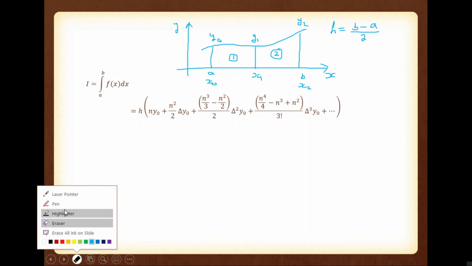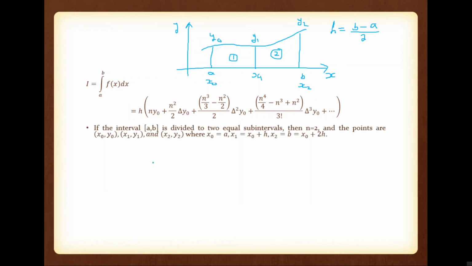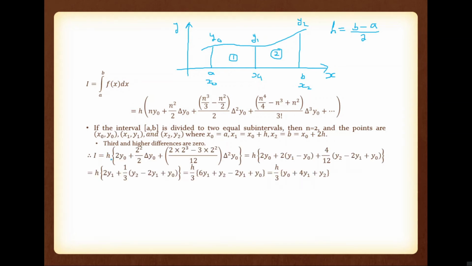So we can write I is equal to... Please note third and higher differences are 0, that is not available, so we cannot use it. So we can write I is equal to h into, now this n is 2, we have two subintervals, so n equal to 2, into y0 plus n square, that is 2 square divided by 2, so that is again 2 delta y0 plus.